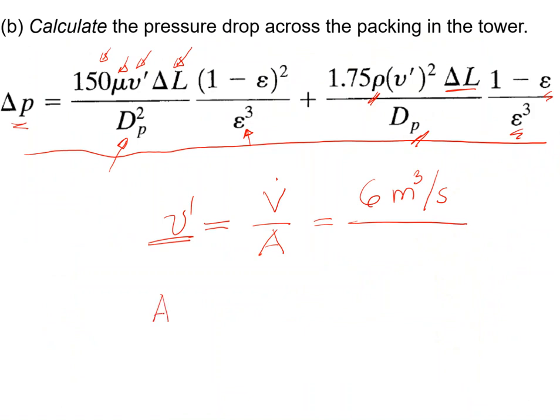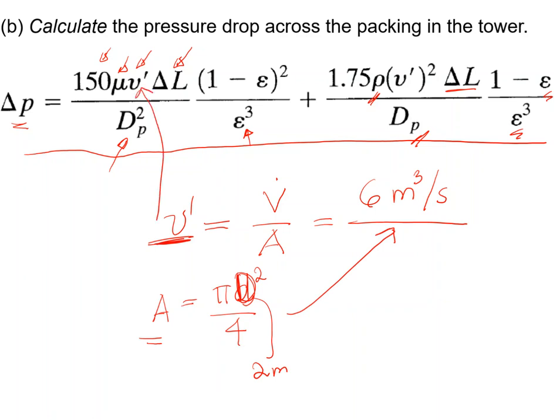A is equal to pi D squared over 4, and you know that D is equal to 2 meters. So you get the area, you put it here, and this will give you V prime. Once you get V prime, you just substitute it in this equation and you can get delta P, as simple as that.